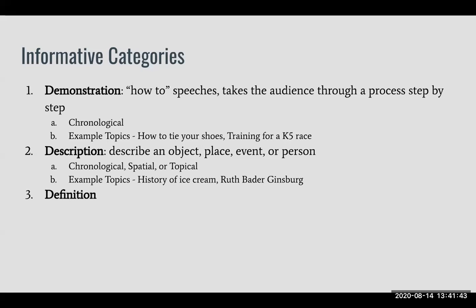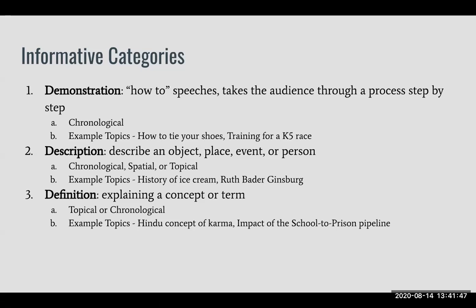And then our last type of informative speech is a definition speech. And so here we're trying to explain a concept or a term that is complex or difficult to understand or unfamiliar to your audience. So again, it depends, but you're likely going to use topical or chronological.